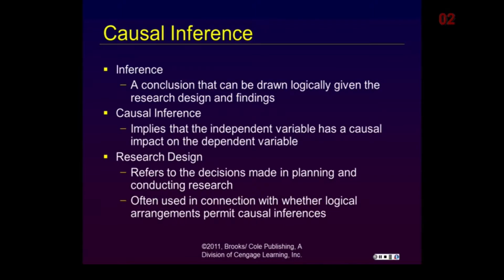So the dependent variable is usually the outcome of, for example, an intervention: decreased drinking, improved psychosocial functioning, etc. And the research design, of course, is everything that goes into the planning and conducting of a research project.